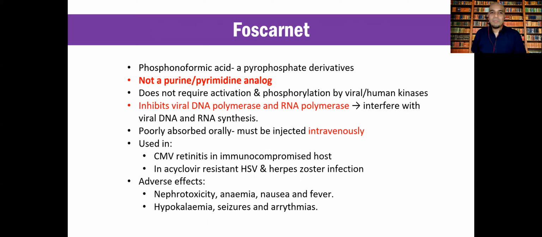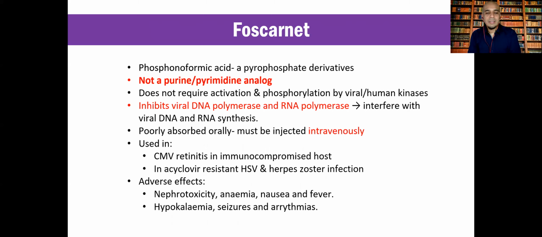Foscarnet is not a purine or pyrimidine analog and does not require activation by viral or human kinases. It directly inhibits viral DNA polymerase and RNA polymerase, and so interferes with viral DNA or RNA synthesis. Foscarnet is poorly absorbed orally and must be injected intravenously.